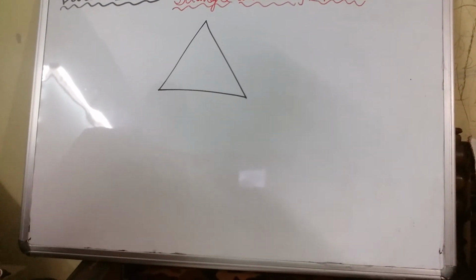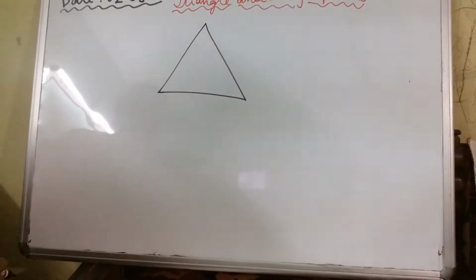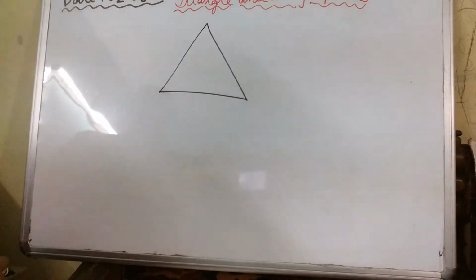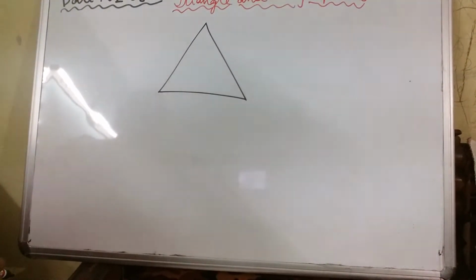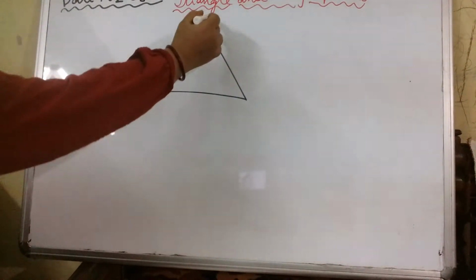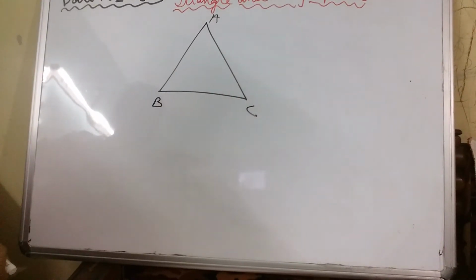Good morning, students. In our previous chapter, we have studied about lines, angles, rays. Now we will study about a plane figure formed by three non-parallel line segments. That is ABC.